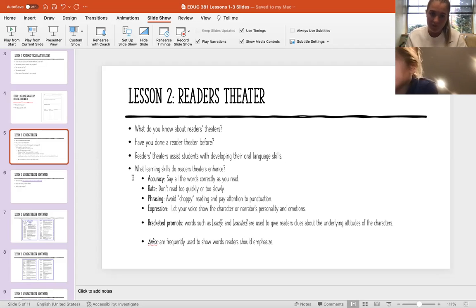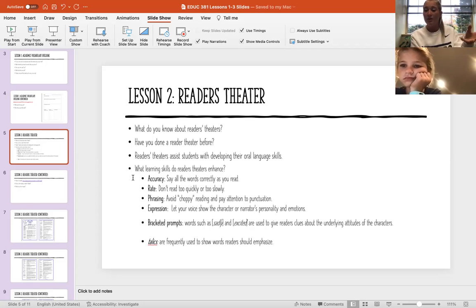Another thing that is improved with practicing reader's theater is rate. That is making sure you don't speak too quickly or too slowly, and that you speak conversationally instead of scripted. Another skill is avoiding choppy reading and paying attention to punctuation.